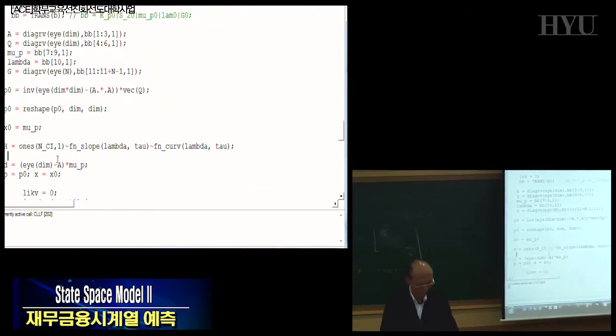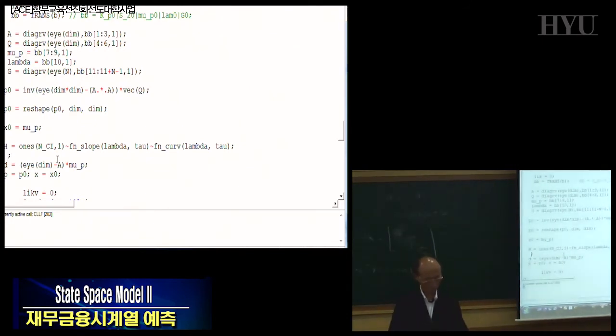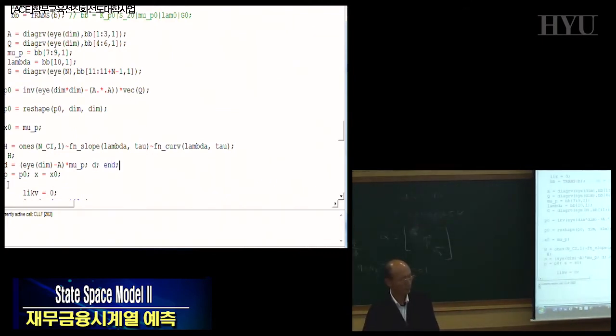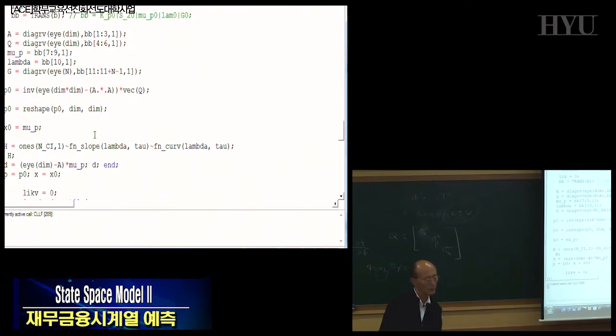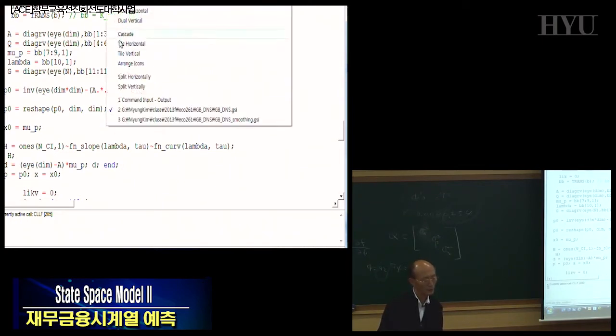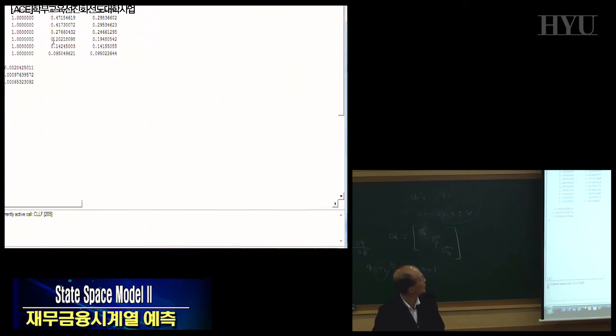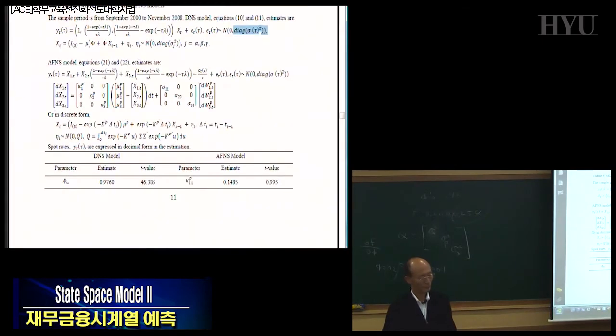This is our Z. Let's type D2. So H is this. This one. This one. Do you see that?